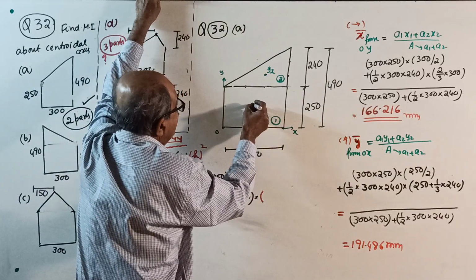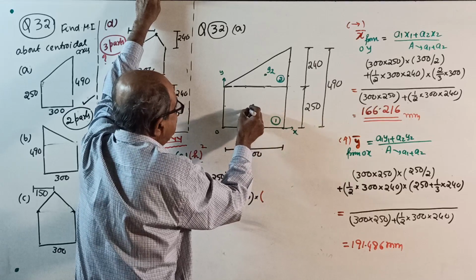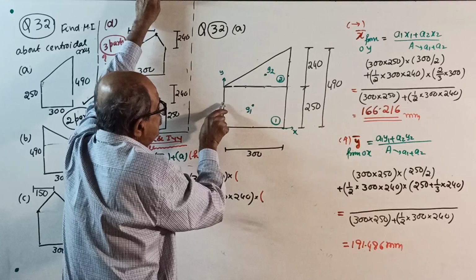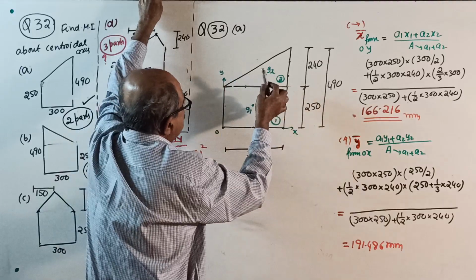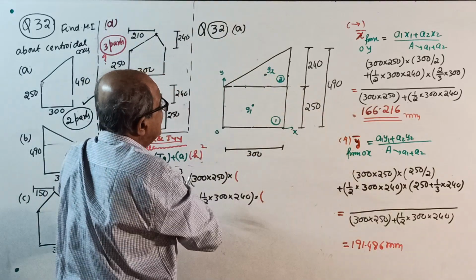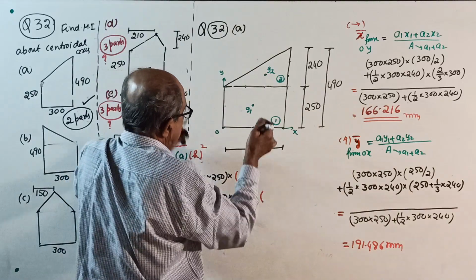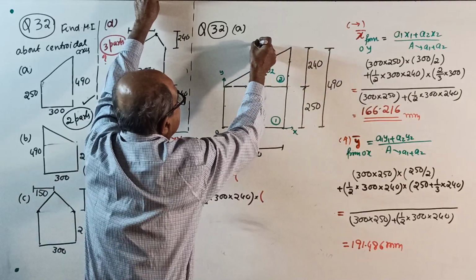This is your G1. This is 150, 166, this is 200. So it will come after G1 but before G2. Red color, I will mark it, but quite closer to G1.